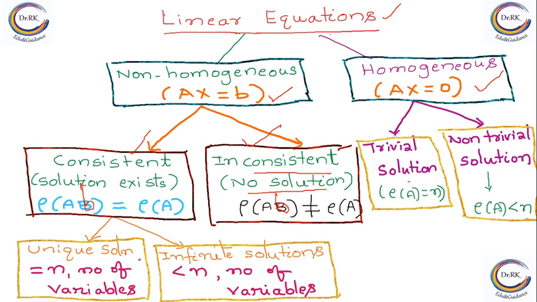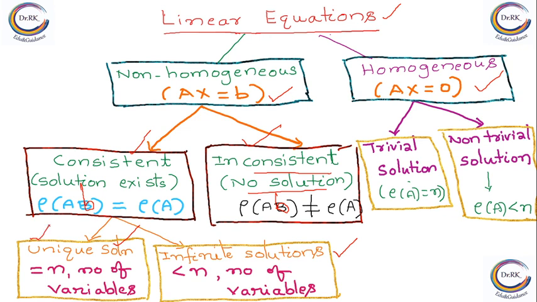Based on this, if it is inconsistent, we simply stop there and say there is no solution for the system of equations. If it is consistent, we go down and see what type of solution it will have. As discussed, it may have a unique solution or an infinite number of solutions. As mentioned here, if rank of AB equals rank of A, and it is equal to the number of variables, then it will have a unique solution.